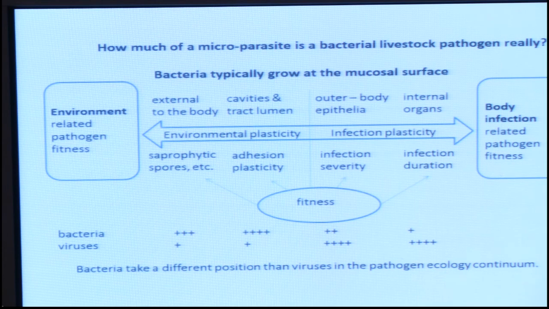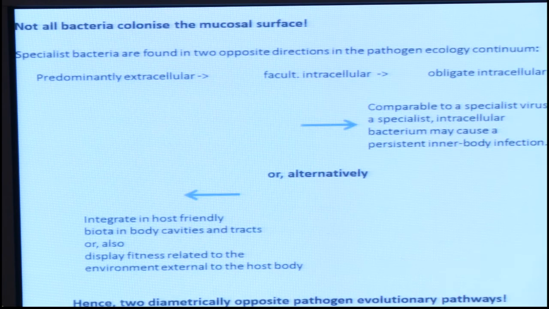And further to the left still, we find bacteria that have acquired fitness to survive in the conditions that exist outside the body of the host. So viruses and bacteria actually are very complementary in ecological terms.